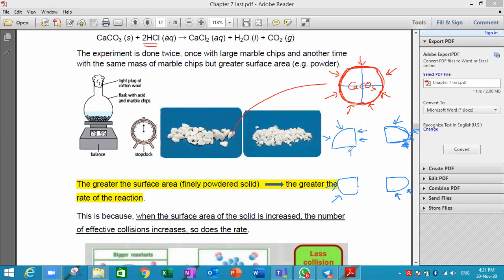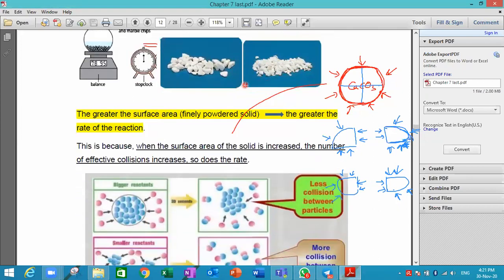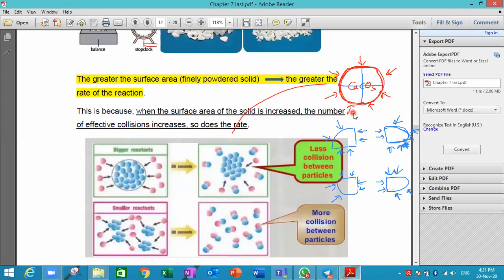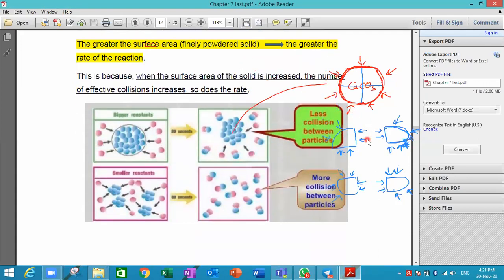It can react from here or there. It can react now from more places. So what do you think about the rate of the reaction? Will it increase or decrease? Increase. Yes, excellent. It will increase because as we increased the surface area of the solid, the HCl saw more places to react with the calcium carbonate, and so the rate of the reaction increased.